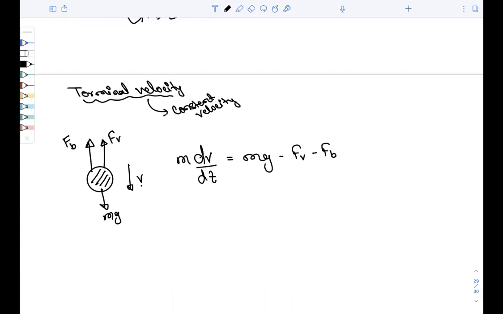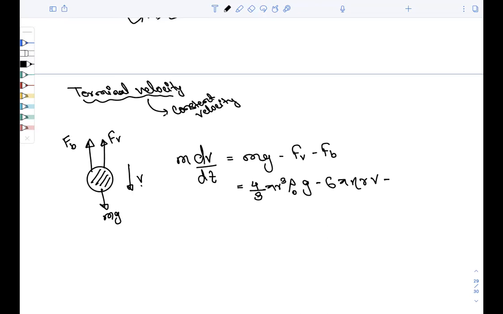Now, we know that the body that we are considering is spherical in nature, so mass can be split as density into volume, and volume is 4 by 3 pi r cube. Rho naught is the density of the object, into g, minus Fv, the viscous force acting on it, that is 6 pi eta r v, that we know from Stokes law, minus Fb, that is the buoyant force, which equals the weight of fluid displaced.